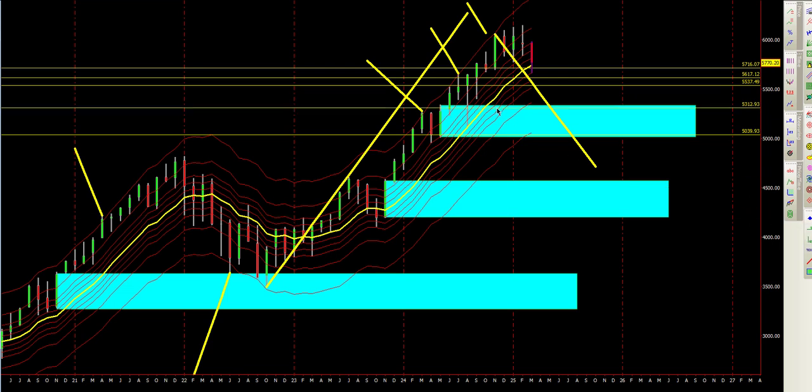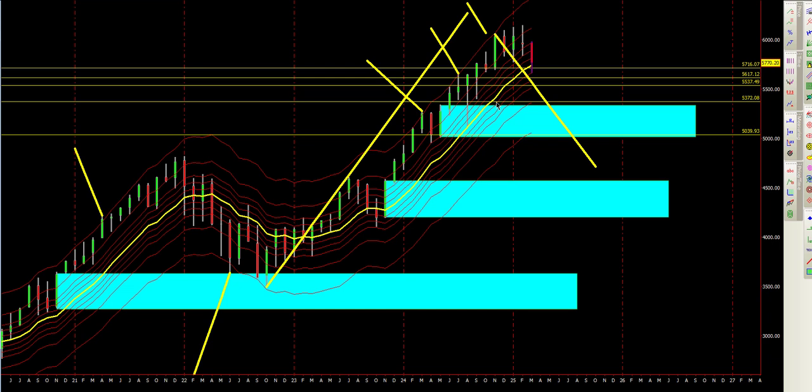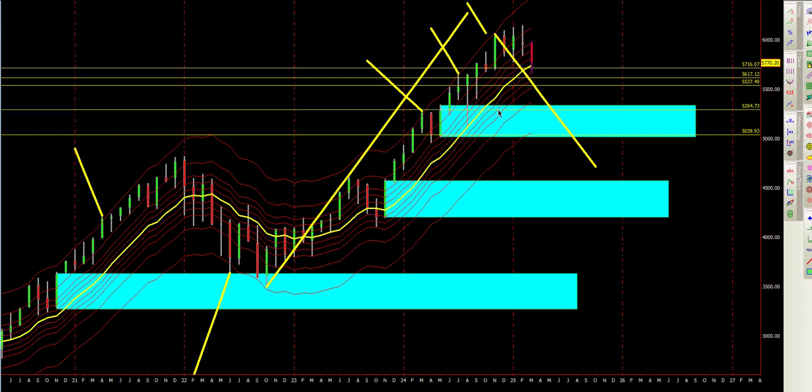I'm going to just mark it. We should be doing all this in a market profile fashion. All right, so I marked the low bodies of the bullish bars.